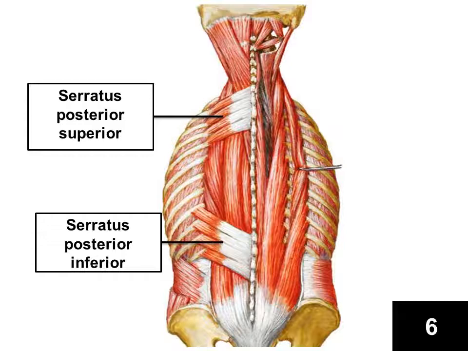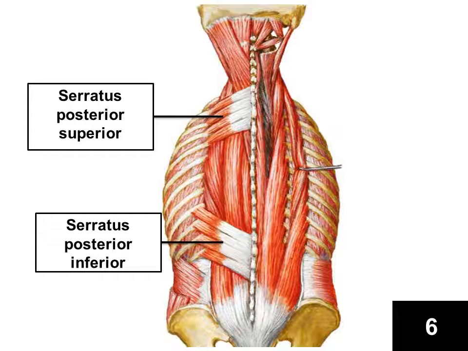Now the serratus posterior superior here thin quadrilateral muscle which is situated over the posterior superior part of the thorax, يعني بالخلف ولفوق. It takes origin from the spine of lower cervical and upper 2 or 3 sometimes thoracic vertebrae.